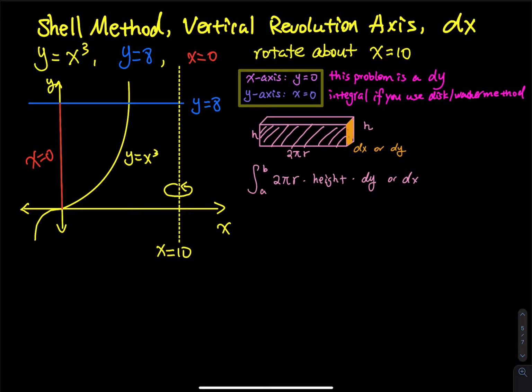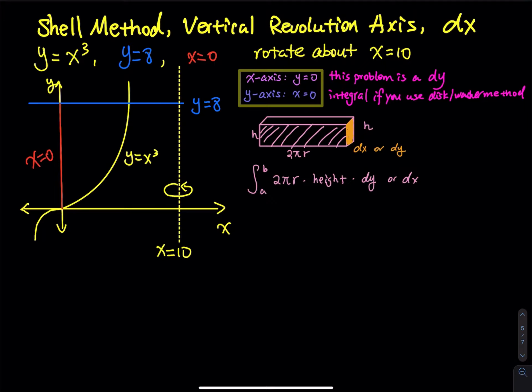Before we start, if you use the disk or washer method to take care of this problem, this will be a dy problem. So let's take a look at the formula of the shell method. In the integrand, you will see that I wrote 2 pi r times height times dy or dx, right? The 2 pi r is the base of the rectangle.